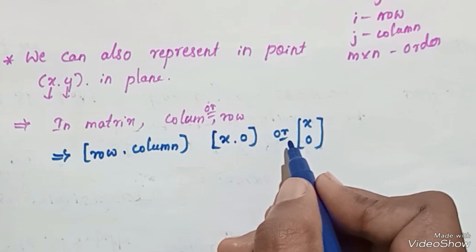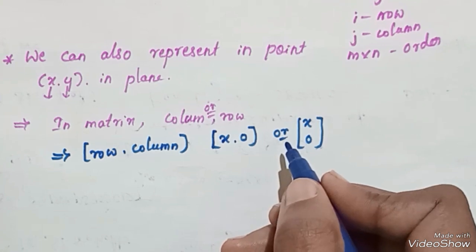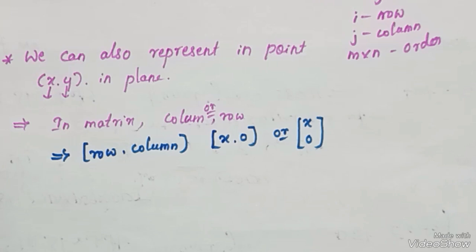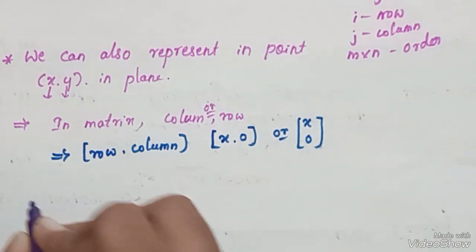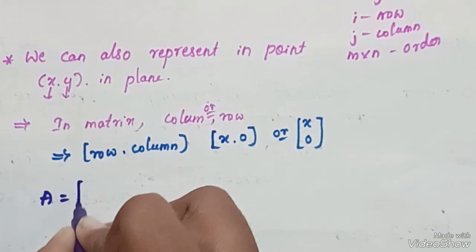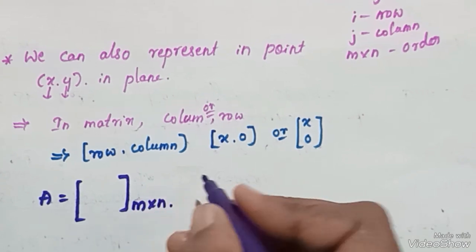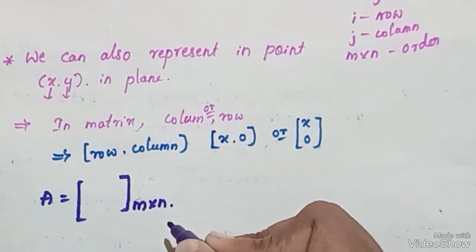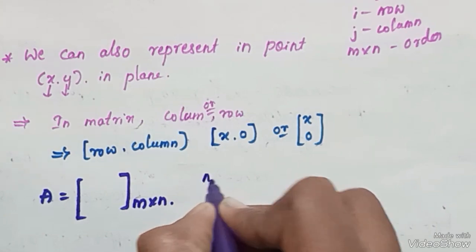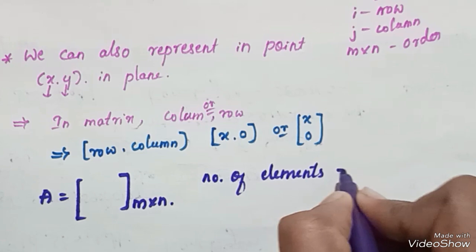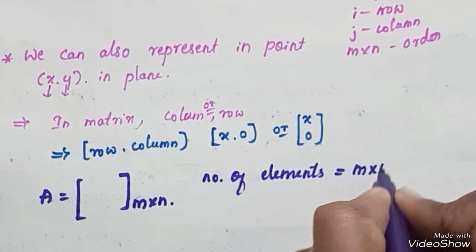Now consider finding the possible orders. Possible order means we have mn elements in the matrix. If A is a matrix of order m cross n, the number of elements present in the matrix is m cross n.